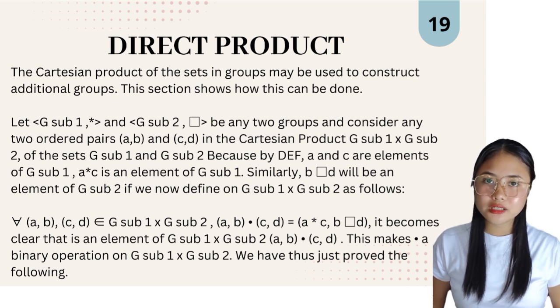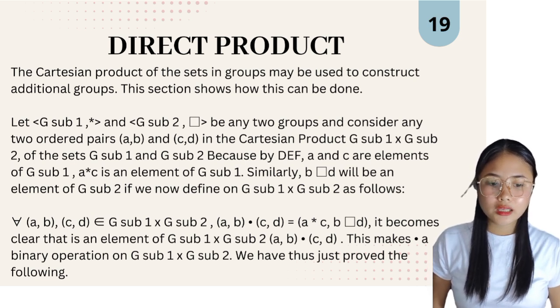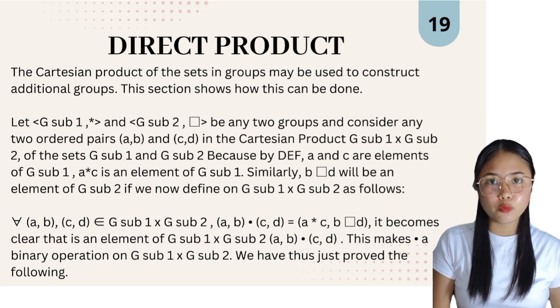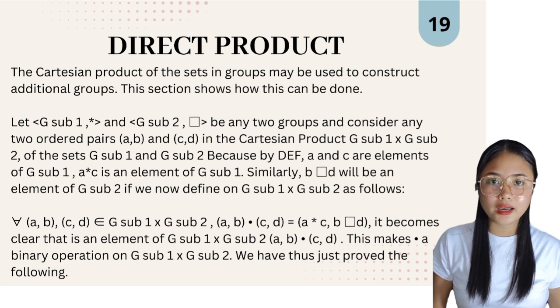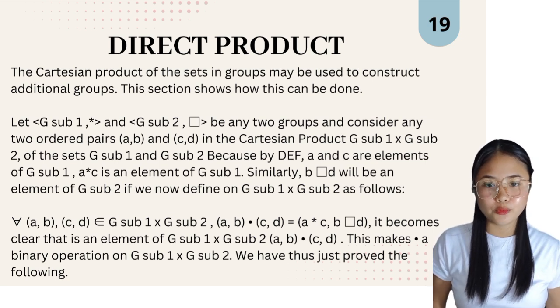By definition, a and c are elements of G sub 1, so a star c is an element of G sub 1. Similarly, b times d will be an element of G sub 2. We now define an operation on G sub 1 times G sub 2 as follows.